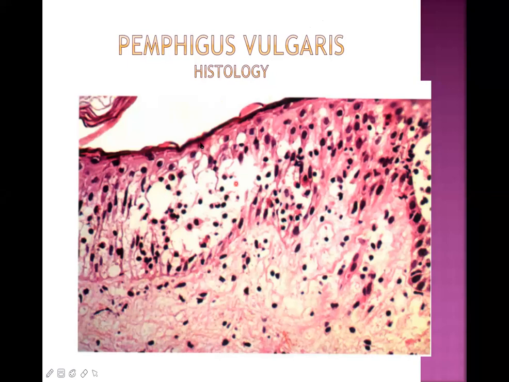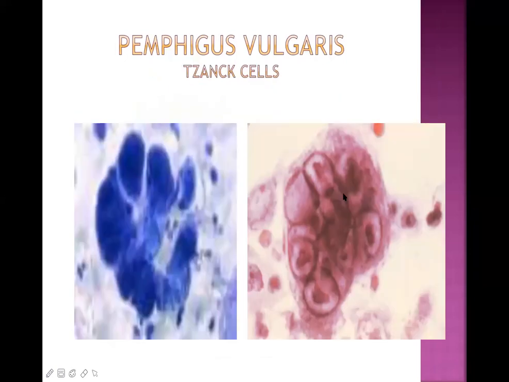These vesicles are present in the epithelial area. It is not very deep, it is quite superficial. This is the hallmark of Pemphigus vulgaris, and because of this they can rupture; when the patient comes to hospital, they are already ruptured. And these are called Tzanck cells. They are separated from each other. Different stains are used, so these are Tzanck cells, a bit rounded type of cells.